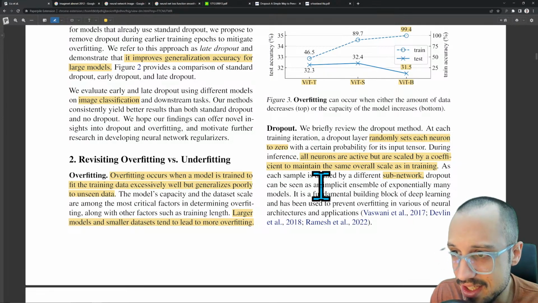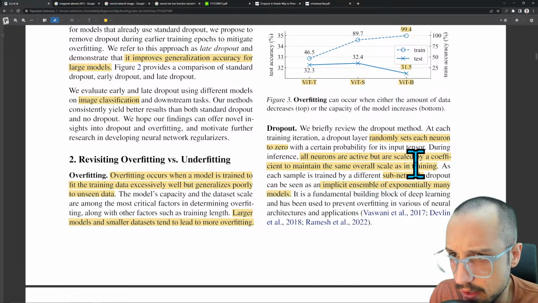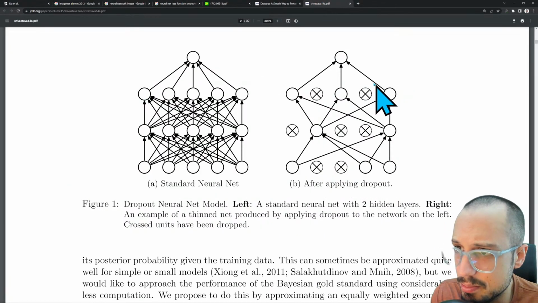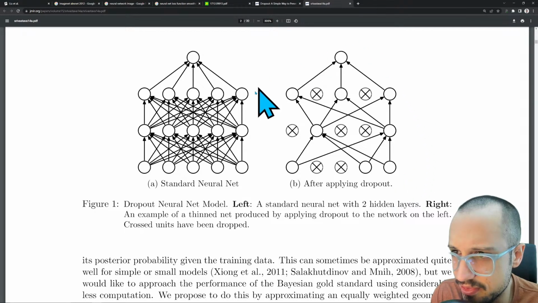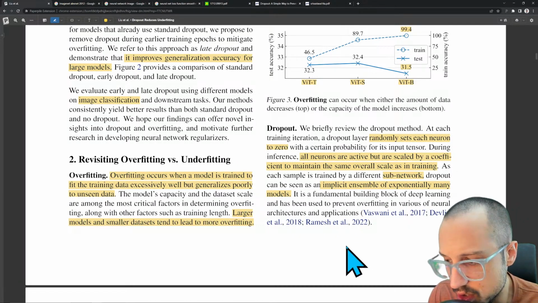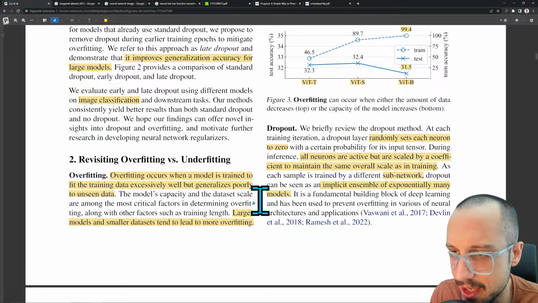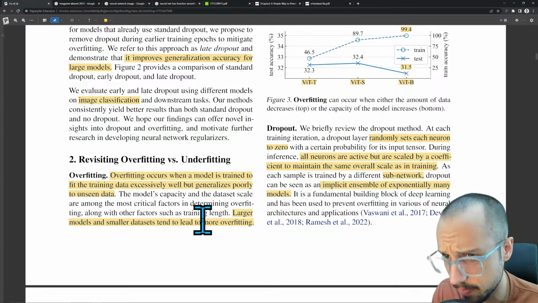This is what they're describing here: an implicit ensemble of exponentially many models. I don't know about exponentially many models. There's a finite number of permutations of possible dropout configurations. But as you increase the model size, the total number of possible subnetworks will also increase, probably exponentially, so that's maybe what they're referring to.